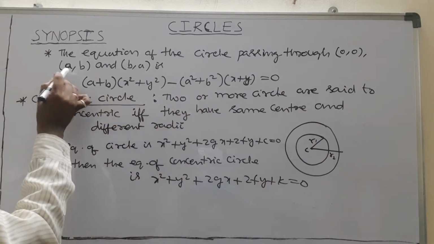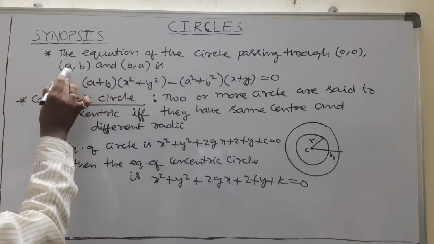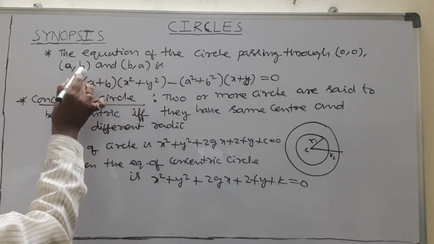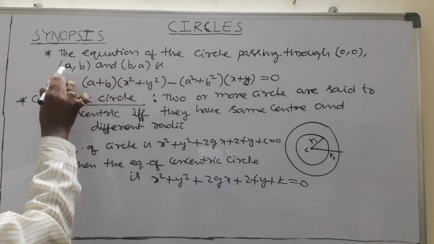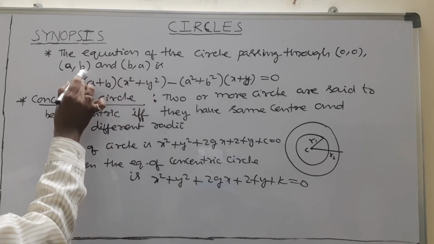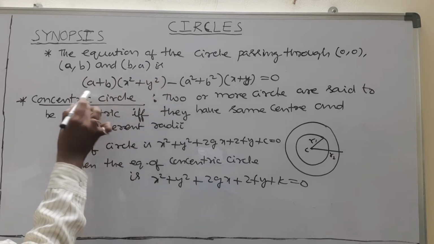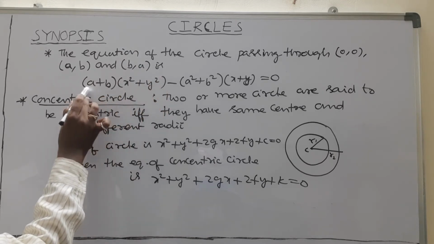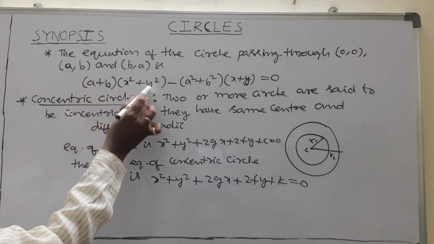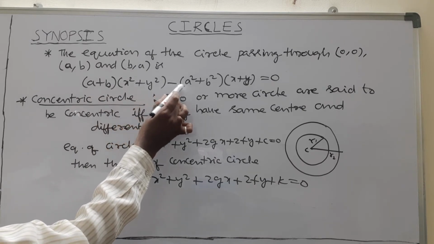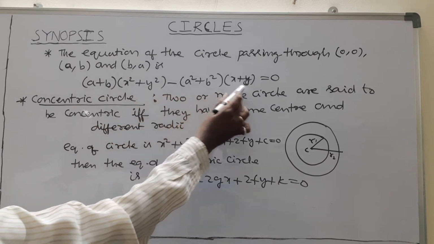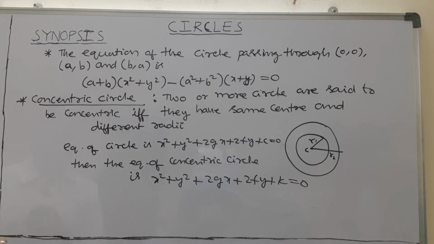Here the coordinates are observed: a comma b, x, y. Here the y coordinate is x and the x coordinate is y: (a, b) and (b, a). Here the equation of the circle is (a + b)(x² + y²) − (a² + b²)(x + y) = 0.